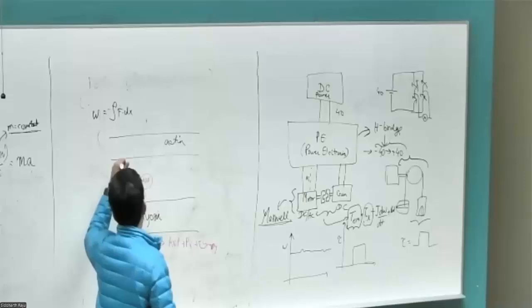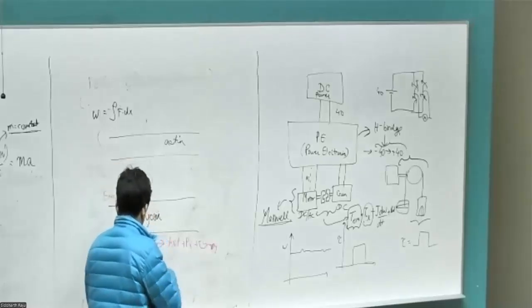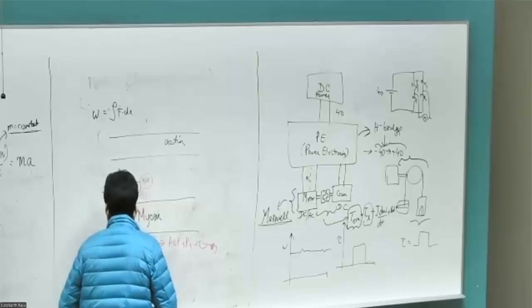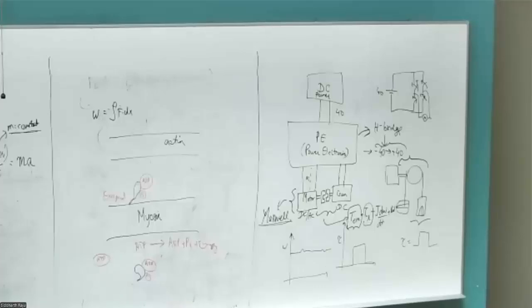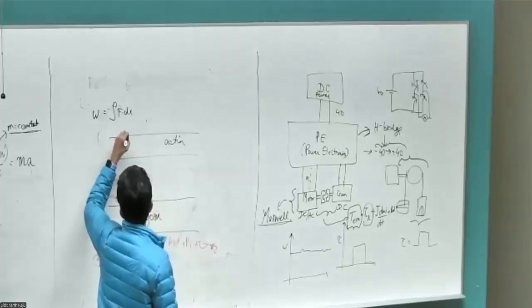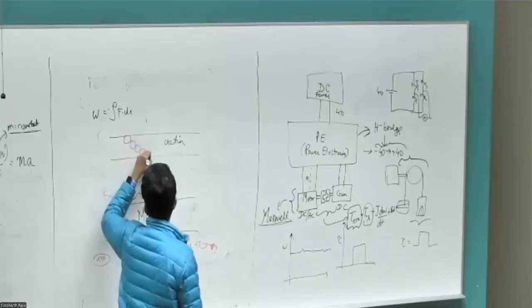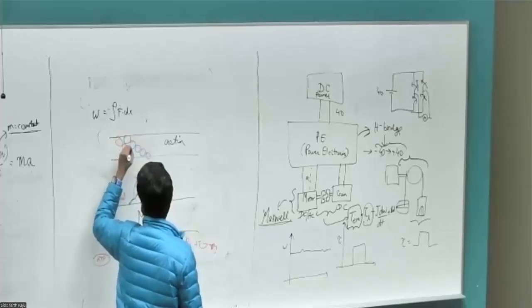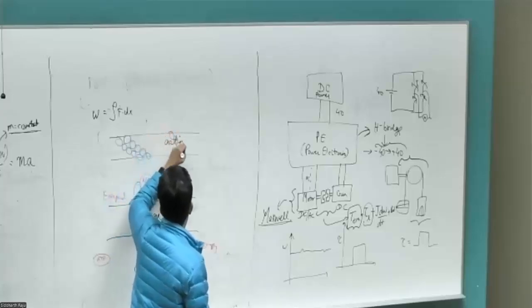If you look at how the actin looks like, actin is basically made of these long chain molecules, a whole bunch of them, going all the way, spiraling, coming back, and so on and so forth.